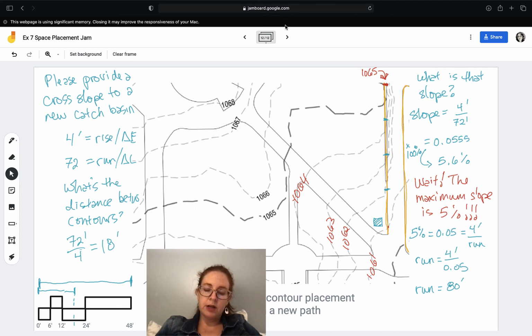That would add another 8 feet. So that's going to have me going down here. You know what? I think what I'm going to have to do for this problem is just assume that I'm going to push this up a little bit further. I think I was hoping that I had some other sort of wiggle room, but I was wrong. So what I'm going to do is just push this pathway up a little bit further.